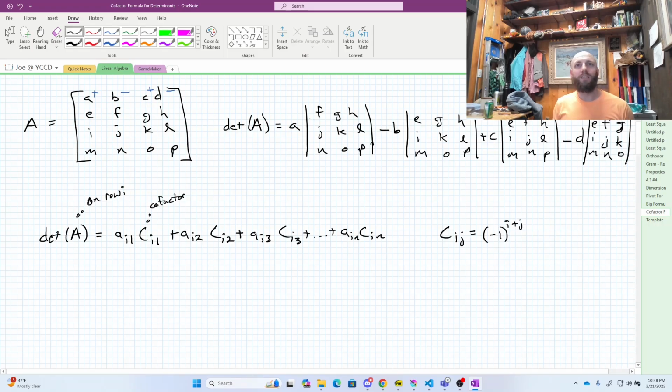So that's where our plus minus sign is coming from. This part's doing our checkerboarding. And then we're going to have times the determinant of M_ij, where M_ij is A, but with ith row and jth column deleted.